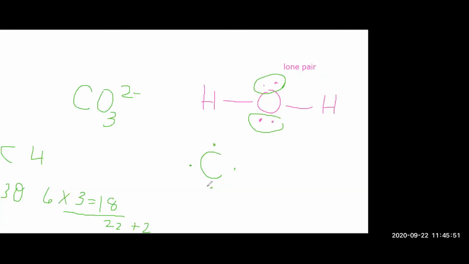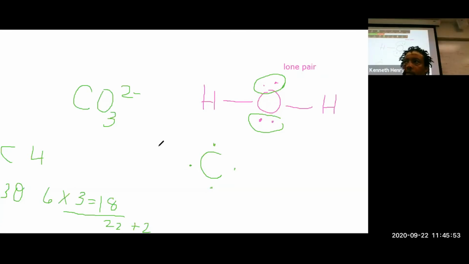Okay, so that's 1, 2, 3, 4. Each oxygen had 6: 1, 2, 3, 4.